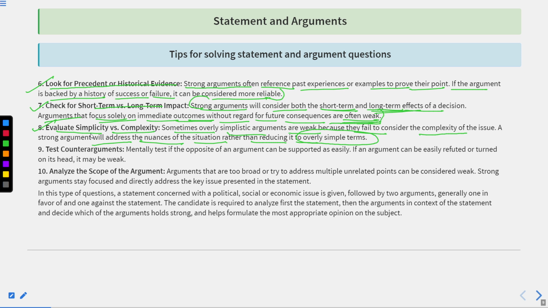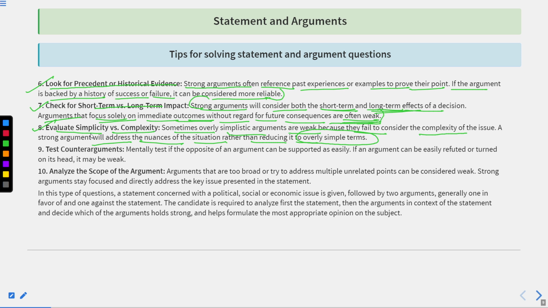I can assure you that after completion of this lecture series, if you are consistent with us, you will be able to solve every question related to statements and arguments. You will be able to figure out which is the weak argument that has to be neglected, and which is the strong argument that has to be complied with.